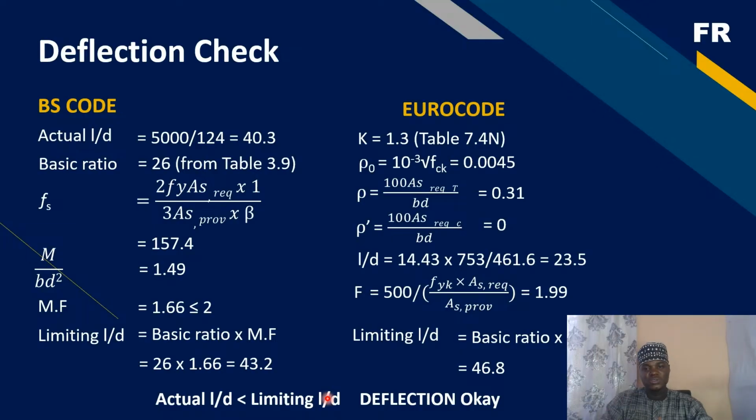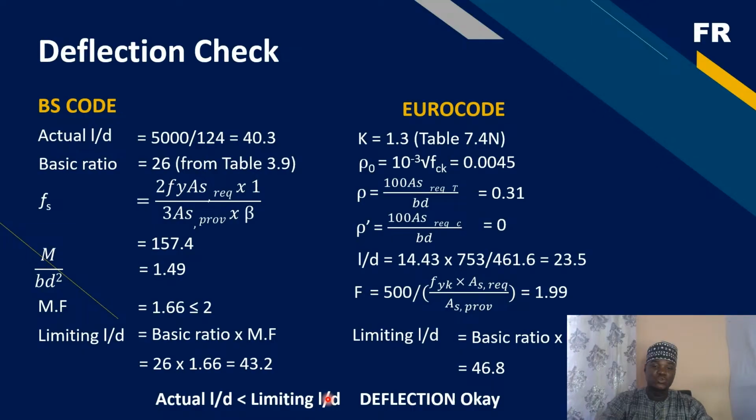For the Eurocode, the thickness of slab that passed is 175, but the reinforcement we provided was T12 at 150. So based on today's market, let us look at which one is more economical, because just looking at it, you can say, okay, slab thickness of 150 should be much cheaper than thickness of 175.